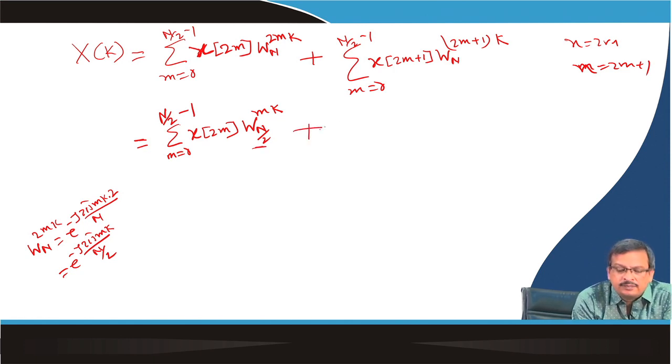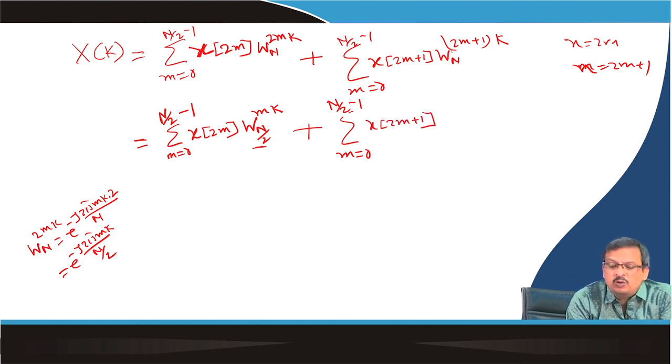Plus the sum over m equal to 0 to N/2 minus 1 of x of 2m plus 1, so there is W_N^{2mk}, so W_N^{2mk} into W_N^k.